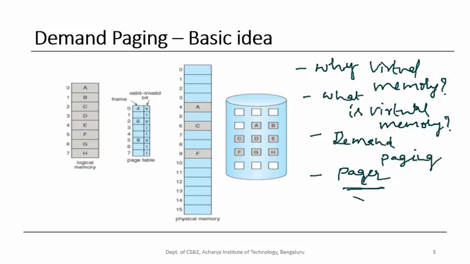Let me stop here and discuss more about how page faults are handled. That is, a reference is made to a page and operating system finds that the page is not being present in the main memory.